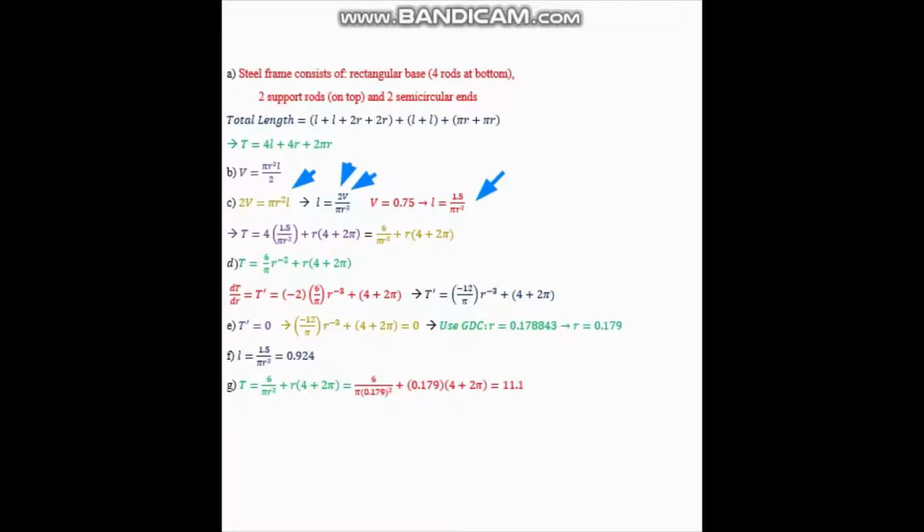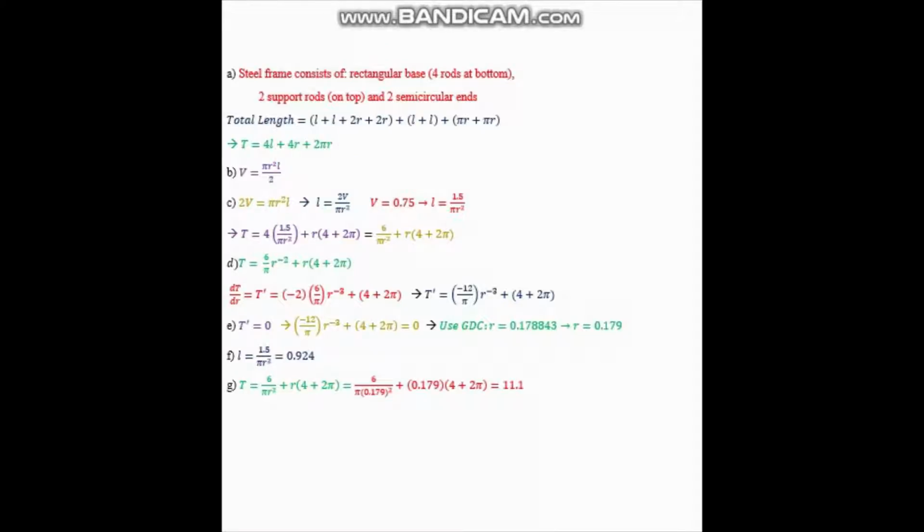Now what I'm going to do is go back to the green expression and substitute L for 1.5 over pi r squared. And this should give me an expression for T in terms of R. So if we take a look at this green expression, I've rewritten it here in purple. The only difference is that instead of this L, I've inserted 1.5 over pi r squared.